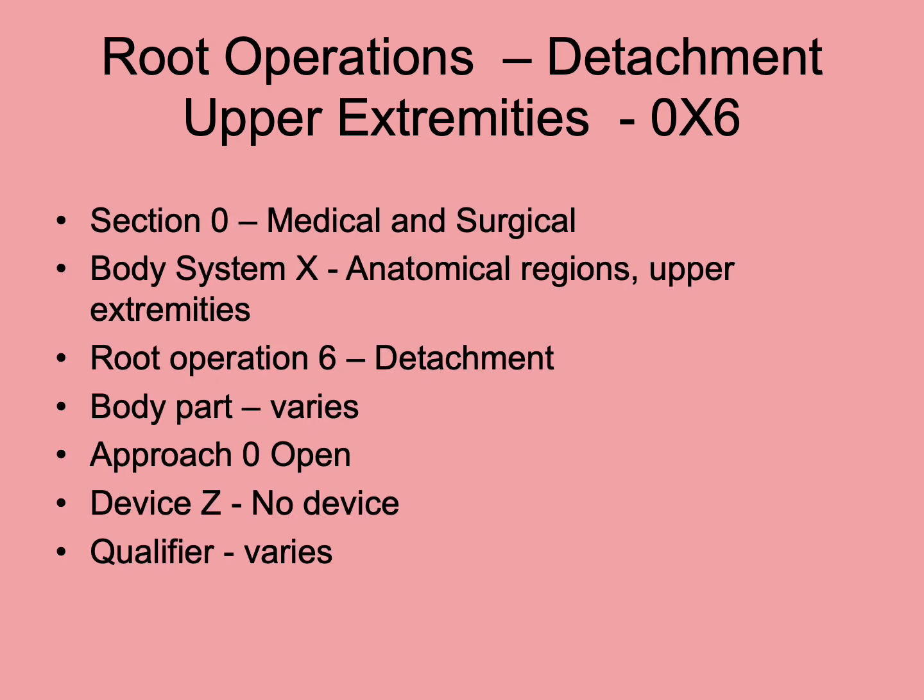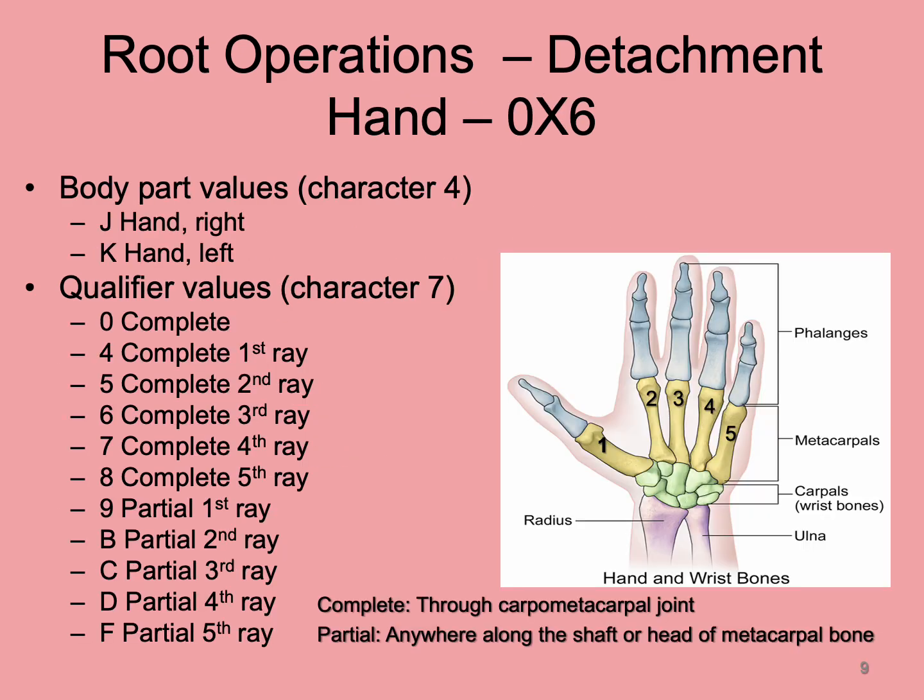In this medical and surgical section, it's always anatomical region, upper extremities, all detachment, all approach, all device. So the only thing that's going to vary is the body part and the qualifiers. Everything else is going to be the same.